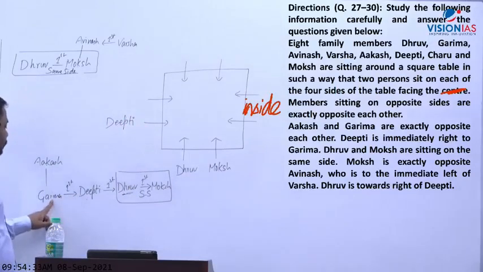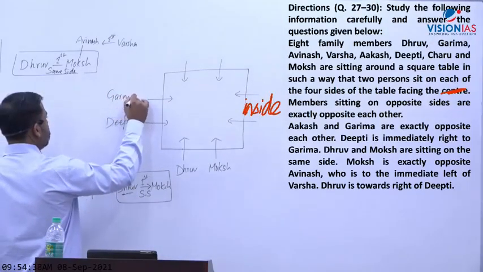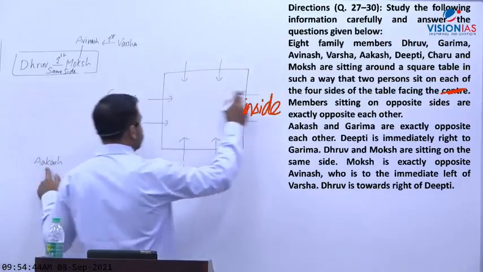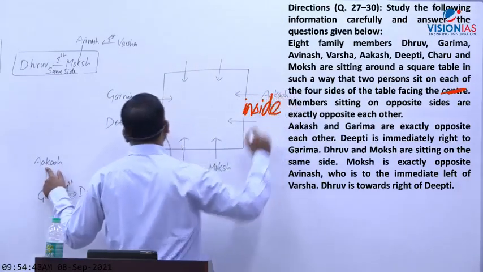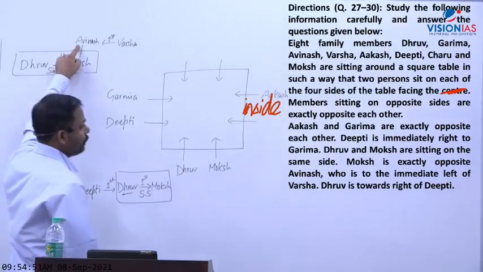On the left hand side of Deepti, Garima is there. So here we will put Garima. And opposite to Garima, Akash is there. In front of Moksh, Avinash should be there.